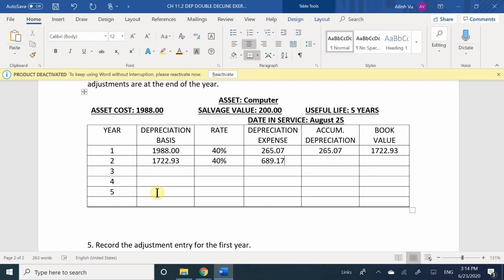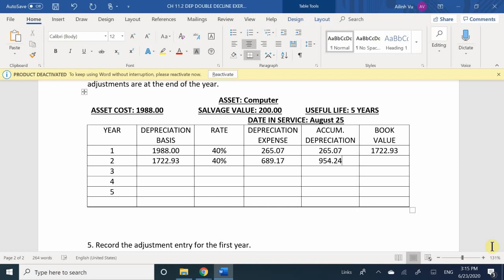Okay, hold on, that was so many numbers. So we got 689.17, and we're adding our 265.07, and you got how much? 954.42. Yep. I got 954.24, they transposed that. Hang on.